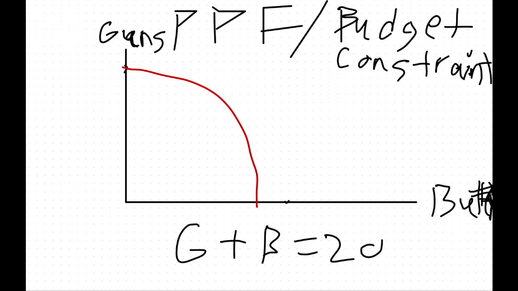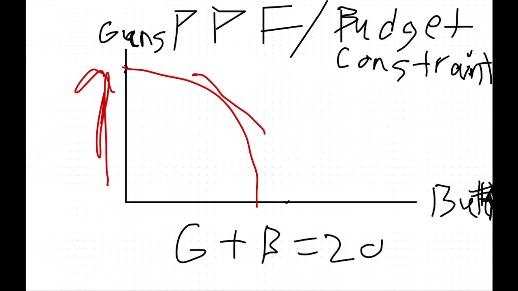You could use the bone to make gun stocks. Yes, exactly. So you could theoretically do it. It's just that it's going to be very inefficient. So the idea is, as you produce more guns, as you go up this PPF, it's going to get less and less efficient.